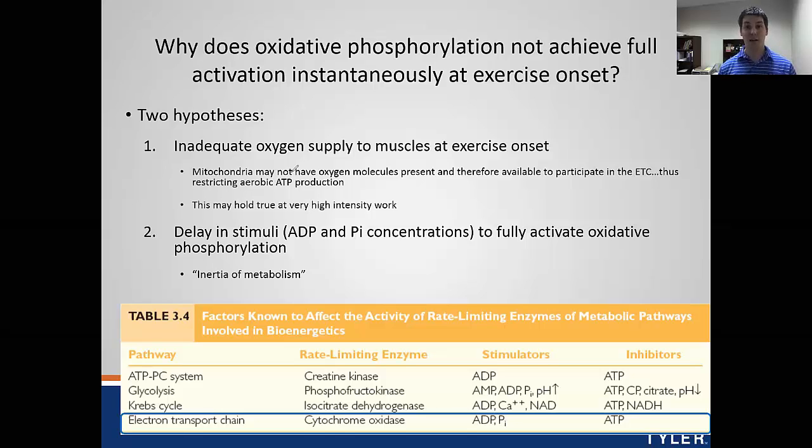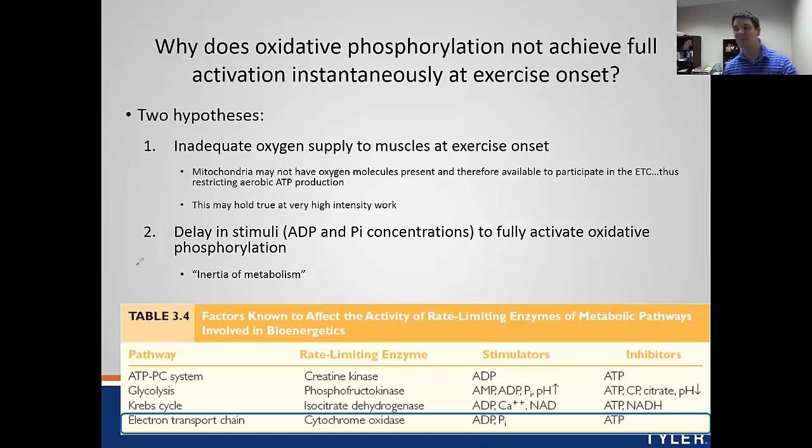And our mitochondria are kind of like waiting on us, and our brain is trying to adjust the cardiovascular system to get blood flow, which is carrying oxygen to it, as quickly as possible. Those adaptations will be talked about in the next unit, Unit 3, cardiovascular system and the adaptations to exercise. Right? So therefore, this is restricting aerobic ATP, and even may be true at very high intensity exercise.